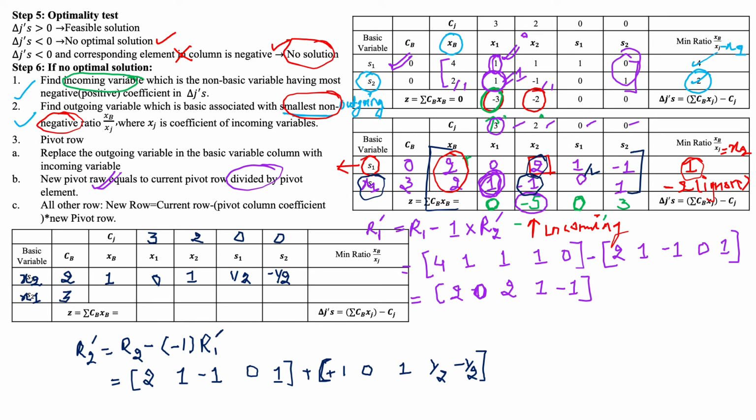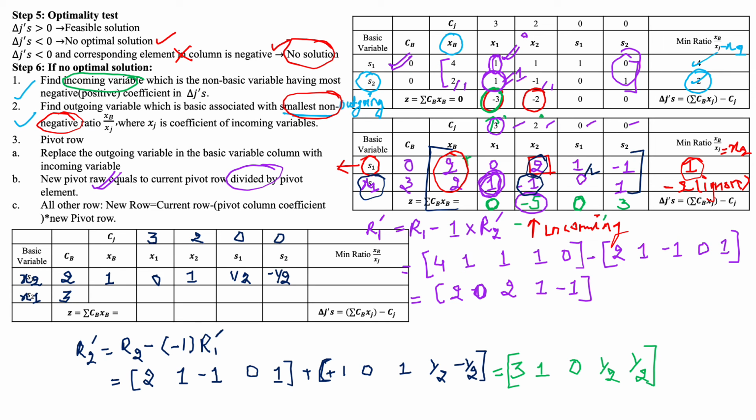Okay, so what are my new elements? 2 plus 1 is 3, 1 plus 0 is 1, minus 1 plus 1 is 0, 0 plus half is half itself, 1 minus half is again half.